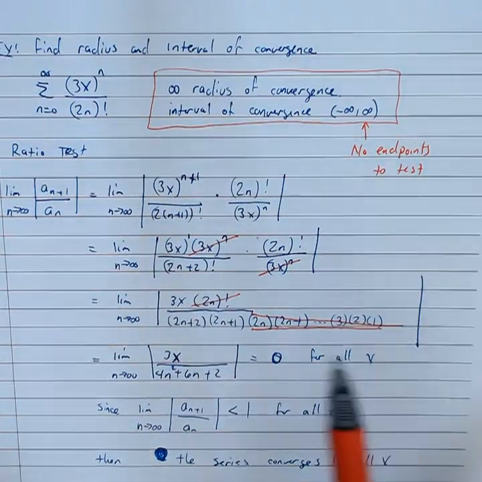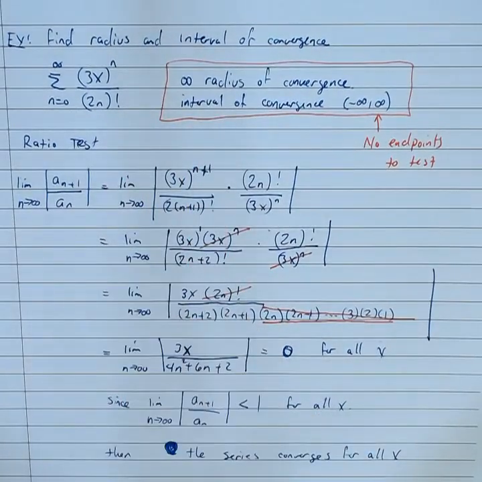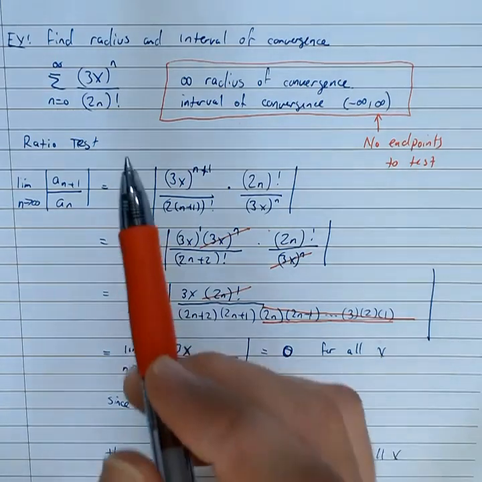Now, once we have a power series, once you know that it converges, you can do some interesting things with it. Because as long as it converges, then it is a finite value. And as long as it's a finite value, then we can think of it as a polynomial function.